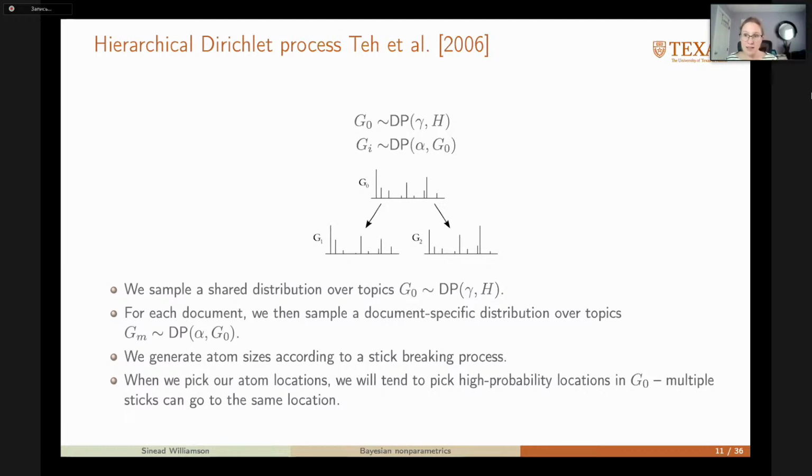If we repeat this, we're going to get a sequence, G1, G2, I only did G2, but you can imagine it going on as large as you want, of distributions over topics, where the topics are all in common, right? They're all shared between each of the documents because of this top-level Dirichlet process.